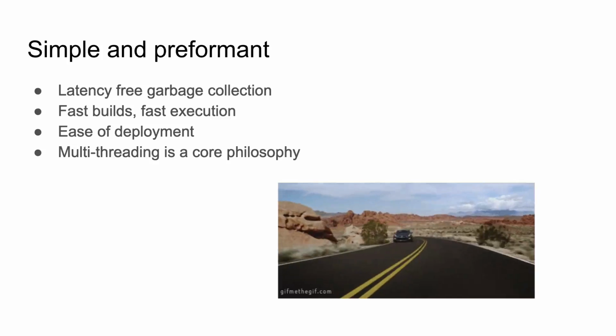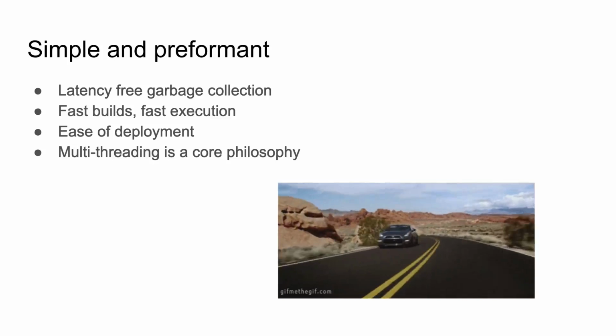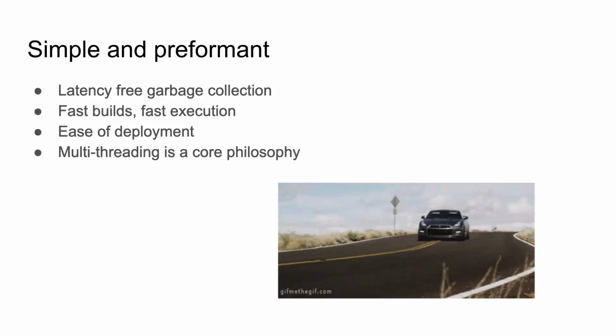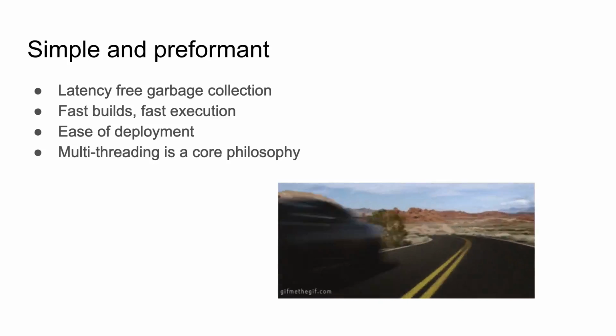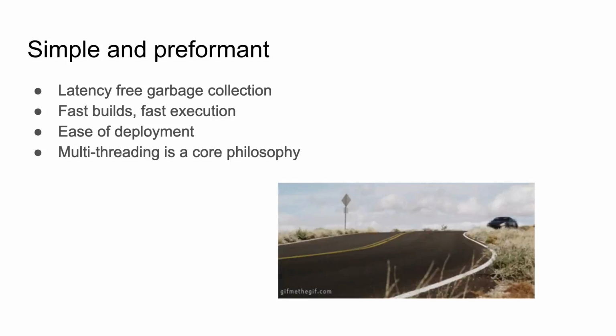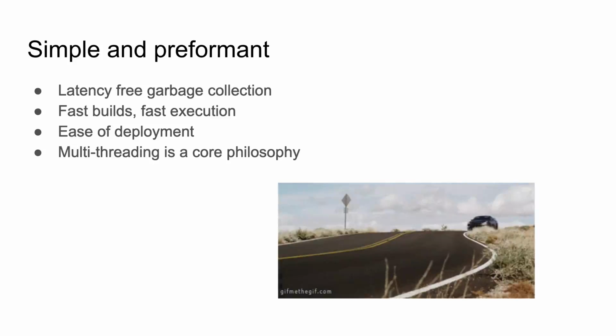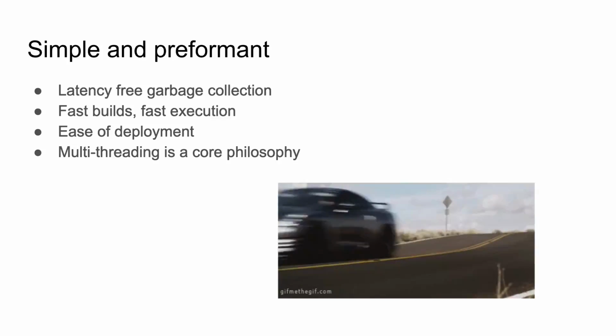And lastly, Go is designed with multi-threading and concurrent execution as a core philosophy of the language. For other languages like Java and C#, spinning up threads is relatively inefficient compared to Go's solution for concurrent execution.